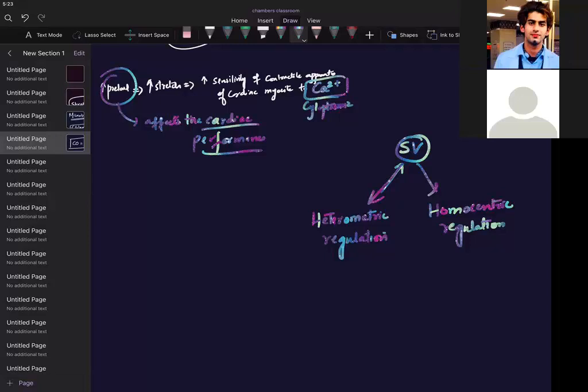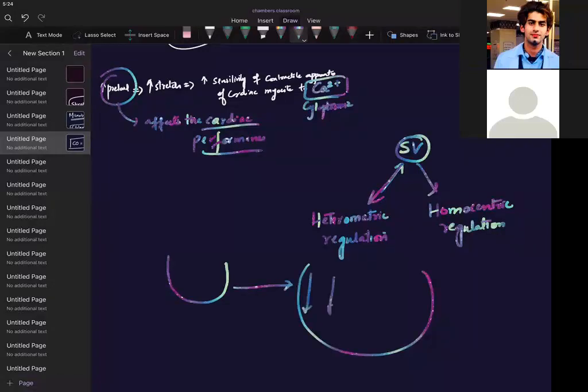Heterometric regulation says, remember just one thing about this heterometric. The things which will change the length of the myocardium. Once you are filling this myocardium, for example, this was an empty myocardium, but if I fill it, what will this myocardium become? You will increase the length, isn't it?